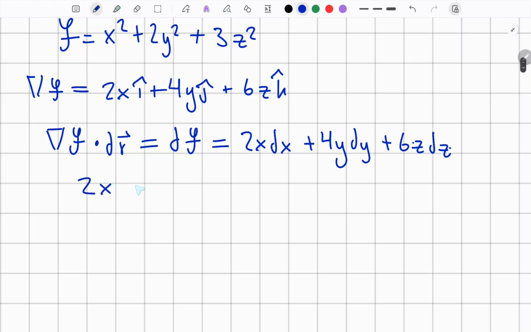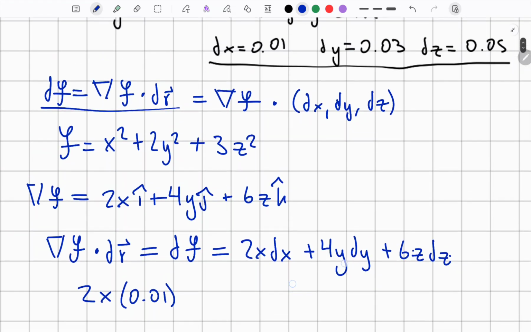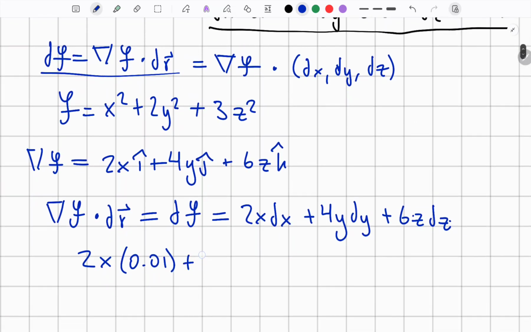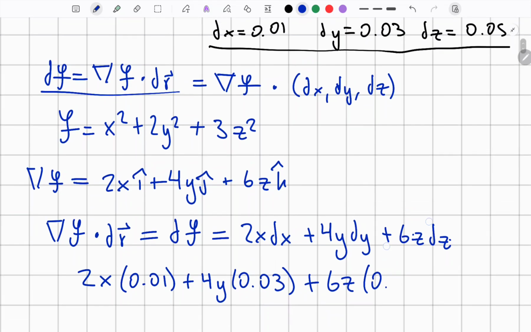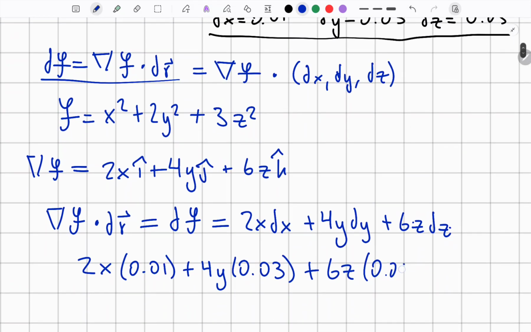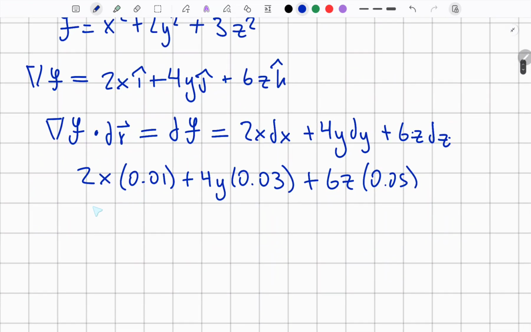Now we're going to end up with 2x times 0.01 plus 4y times 0.03 plus 6z times 0.05, and this is going to be 0.02x plus 0.12y plus 0.3z.